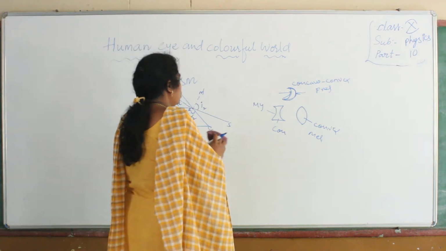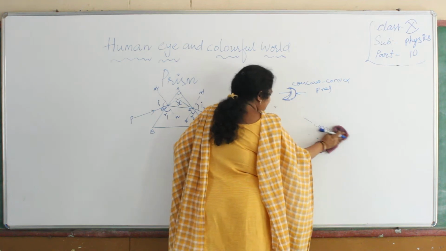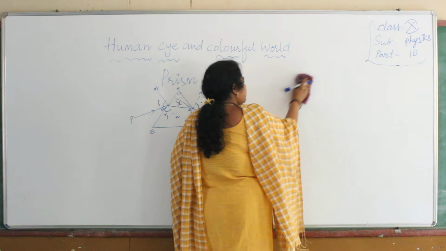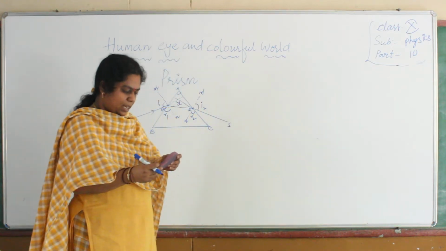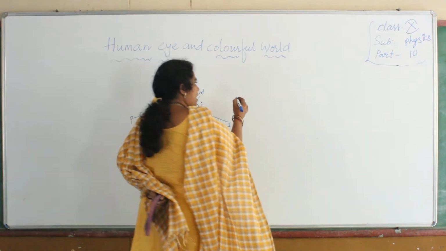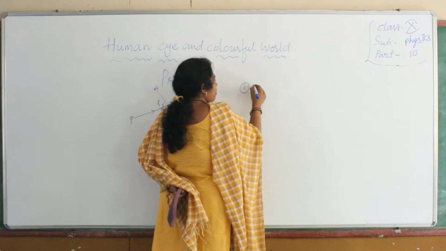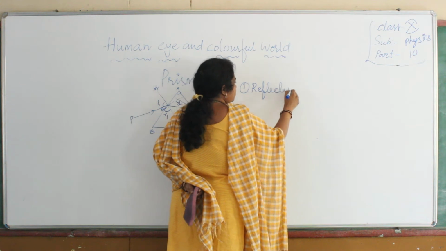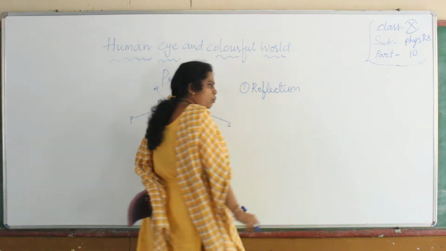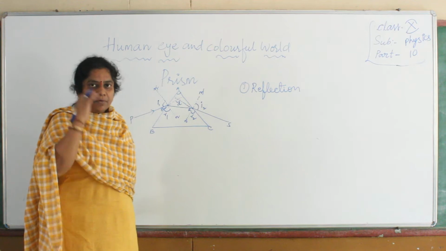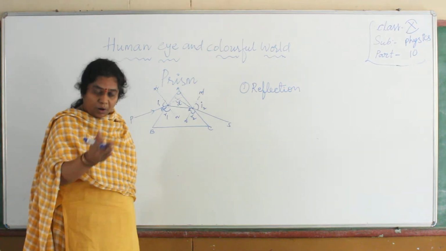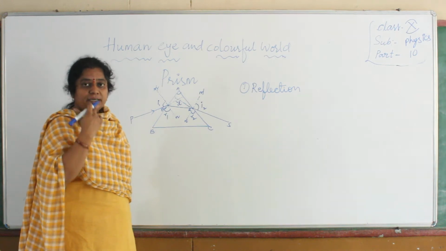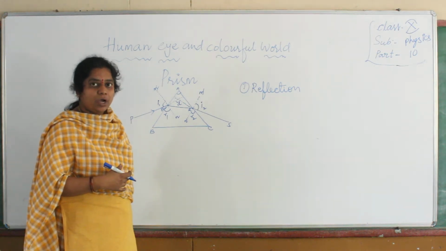Now we are going to discuss another phenomenon of light. Already in our classes we discussed light is having many phenomena like reflection of light. We have discussed it from our 8th class, and even the first lesson of your 10th class is reflection of light through curved surfaces.